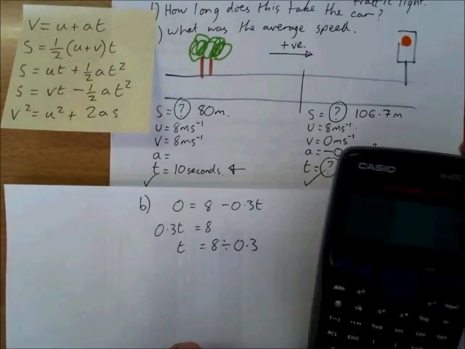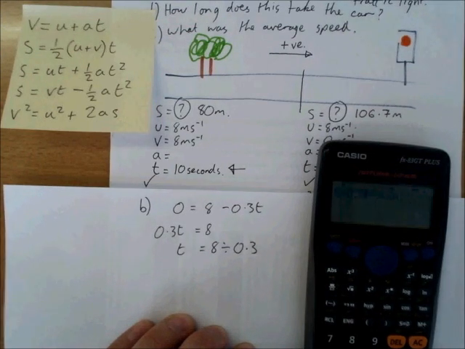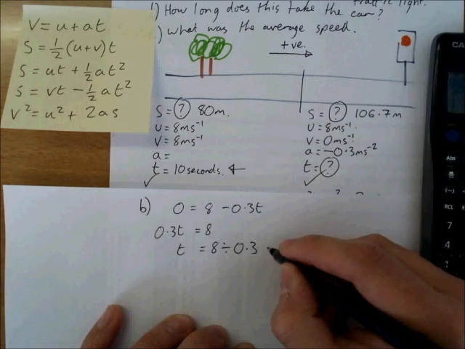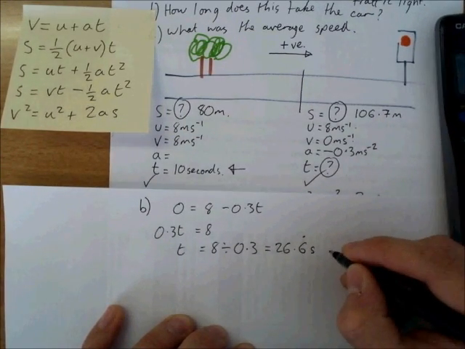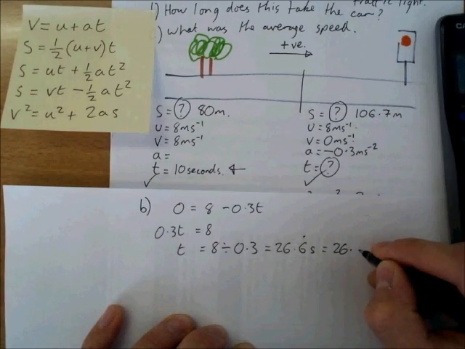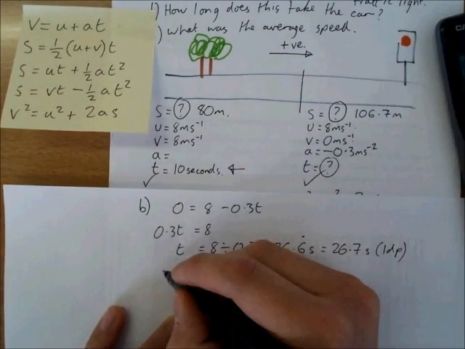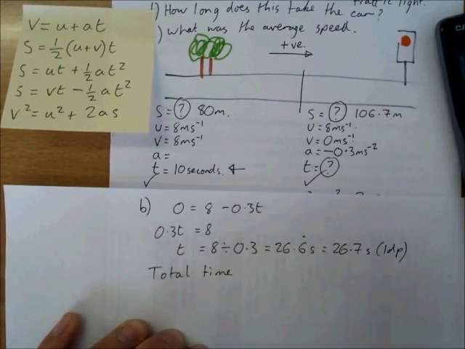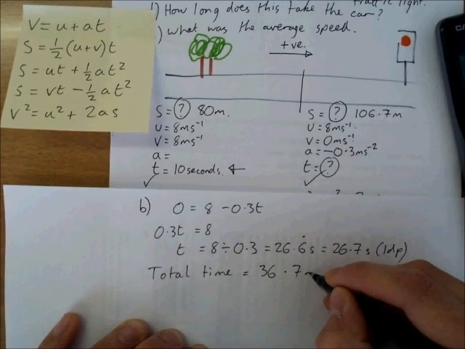Again, use our calculator to work that out. 8 divided by 0.3 gives us 26.6 recurring, which will just be 26.7 seconds to one decimal place, giving us a total time of 36.7 seconds.